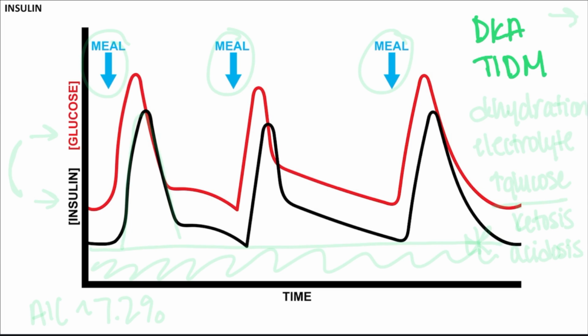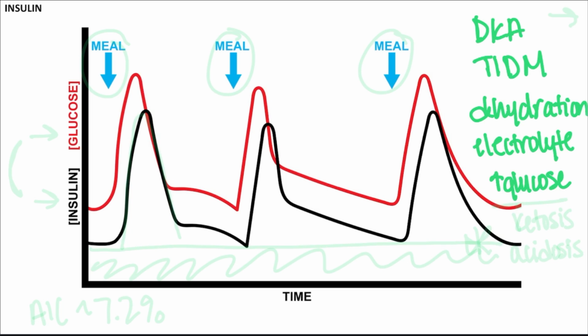So briefly, what happens is without sufficient insulin, hyperglycemia results, leading to significant glycosuria, pulling fluid and electrolytes from the body, leading to dehydration, electrolyte abnormalities, and there are also significant changes in energy metabolism, because even though this patient is hyperglycemic, the body doesn't know this because there isn't any insulin to put the glucose to use in the body.